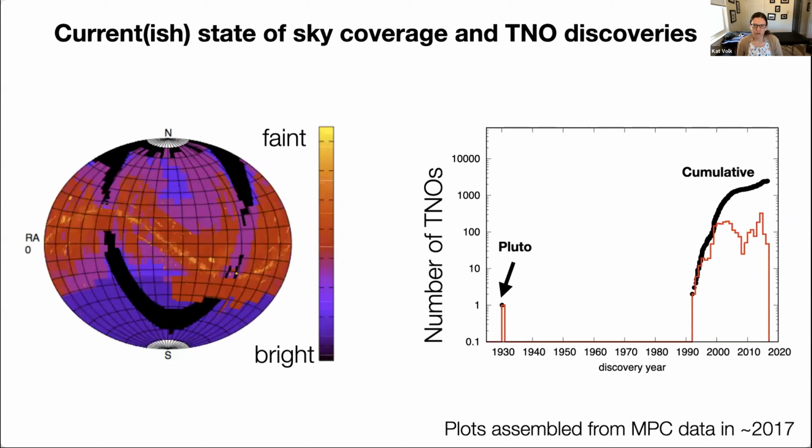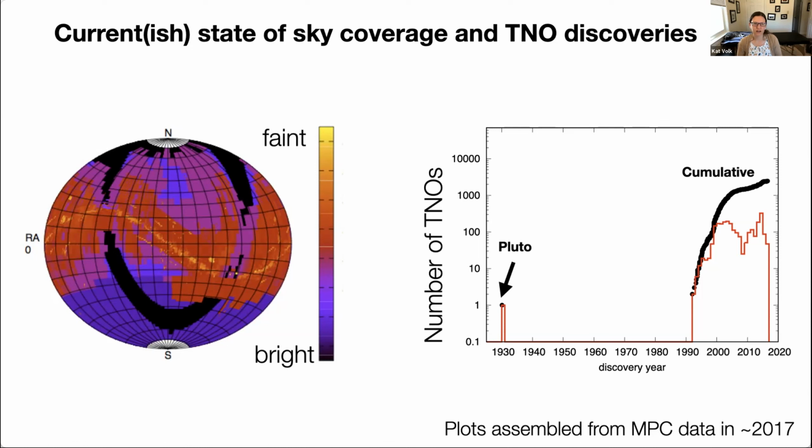So this is just an overview of the current-ish state of TNO discoveries. The right-hand plot shows, in red, the differential and cumulative number of detections every year through about, I think, 2017. So we have a couple thousand TNOs with well-known orbits at this point.